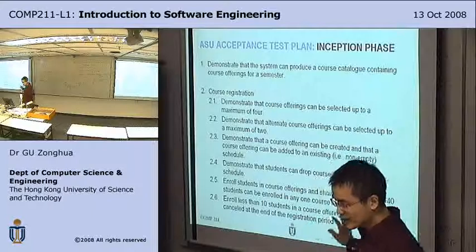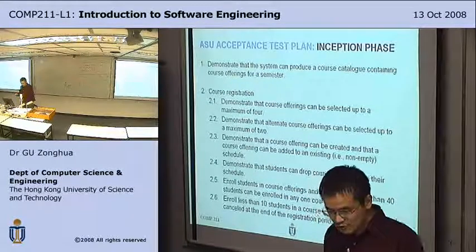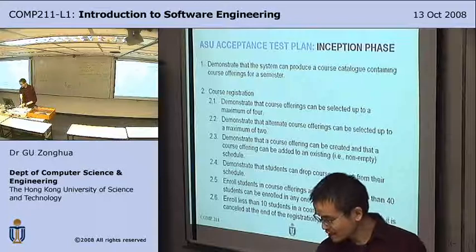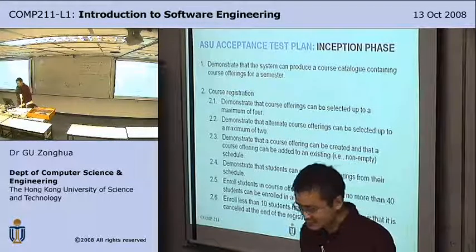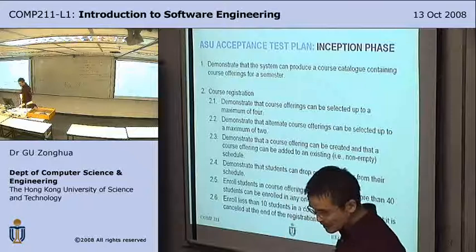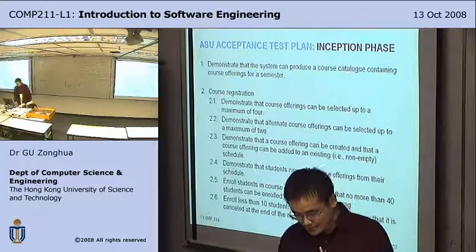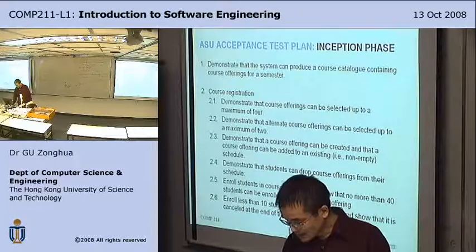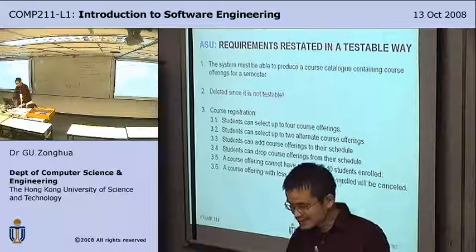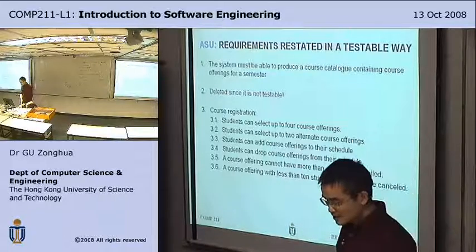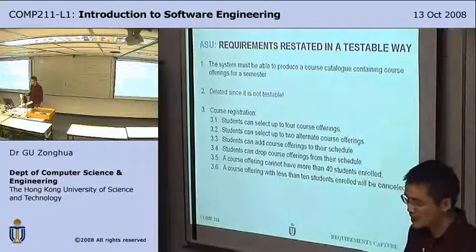And then demonstrate that alternative courses can be selected, a course can be created, and a course offering can be added to an existing schedule, drop, and no more than 40 students. So notice 2.5 in the previous testable requirements, we say a course offering cannot have more than 40 students enrolled.